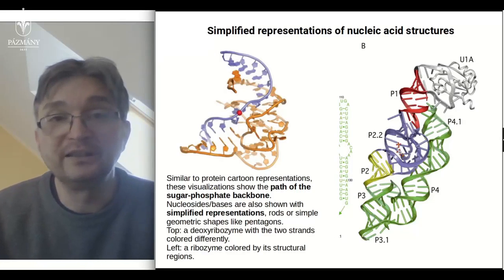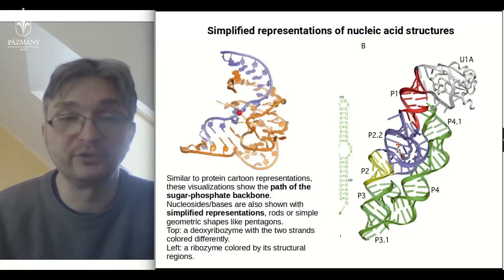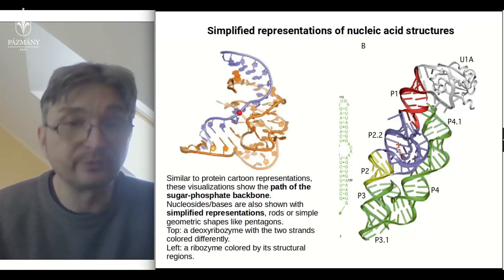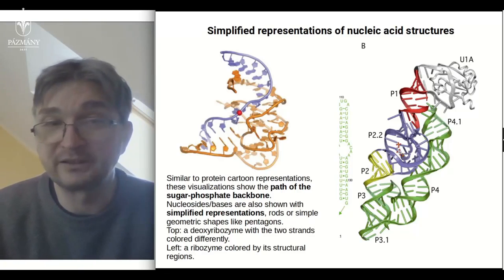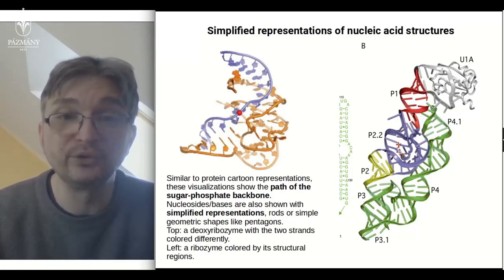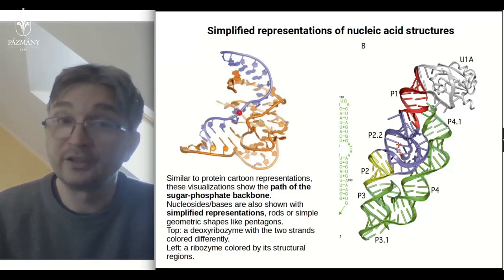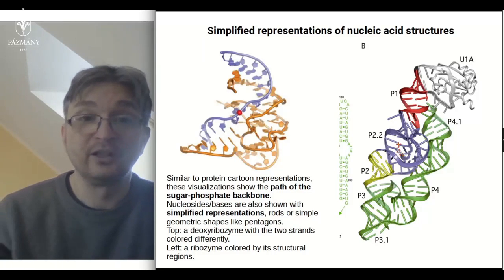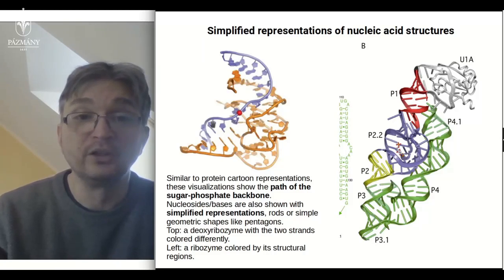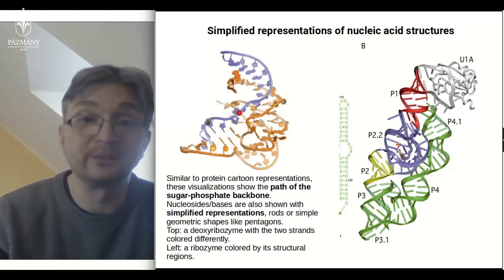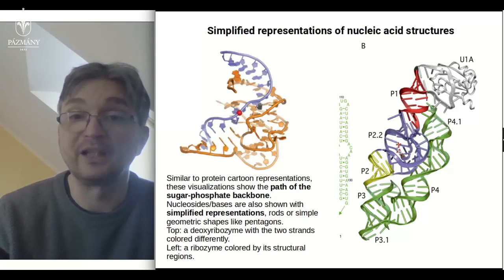These are the 3D representations of nucleic acid structures. Like for proteins, the all-atom representations are of limited use. We usually use a representation in which we show the sugar phosphate backbone with a line or something like that.